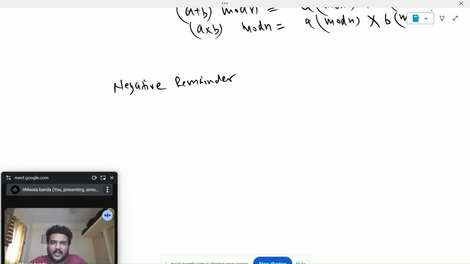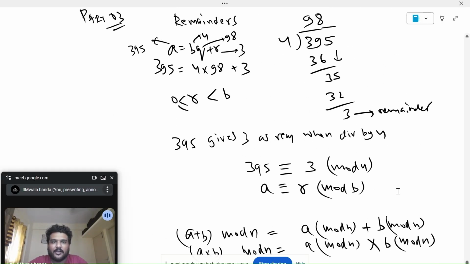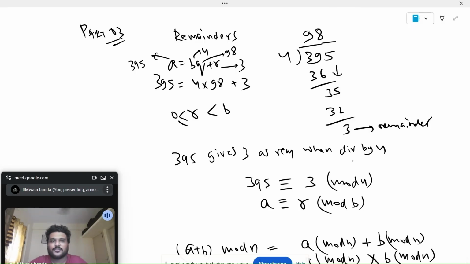What does that mean? In this case, when I got remainder as 3, I can also say the remainder is minus 1. If I do 394 by 4, I will get the entire same thing, but this time I'll get the remainder as 2.